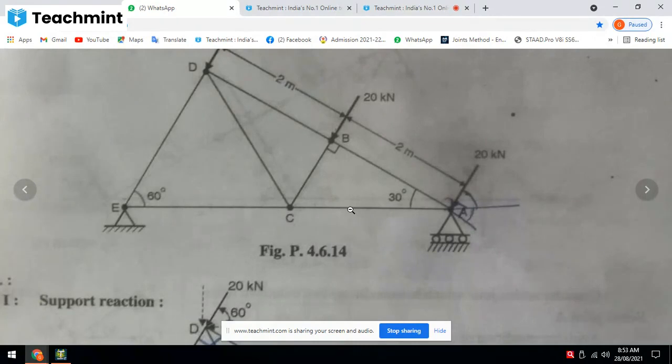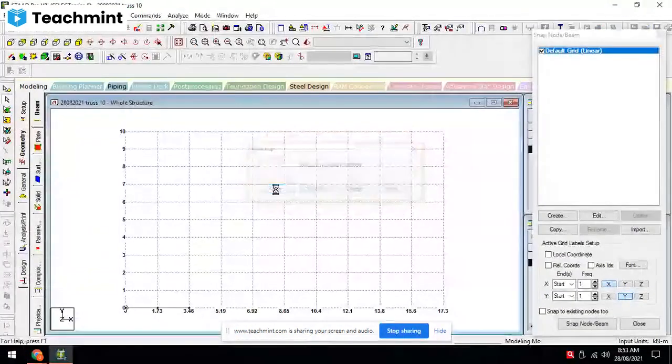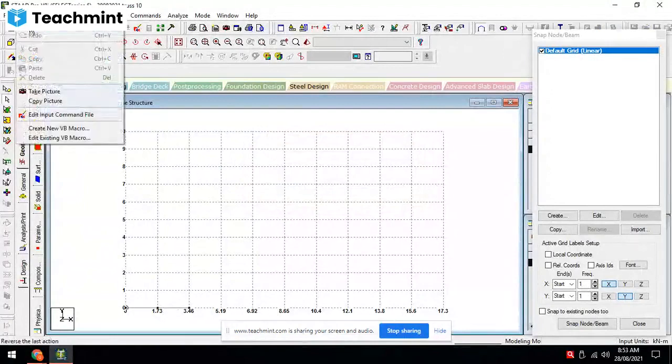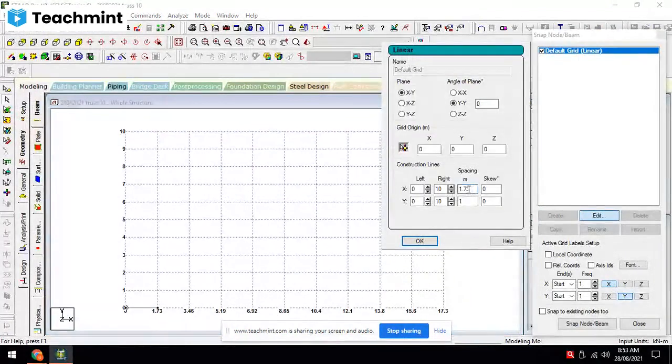Similarly for this case, one minute. Then if I take the triangle BDC, I will draw the triangle. It will be 2.30.